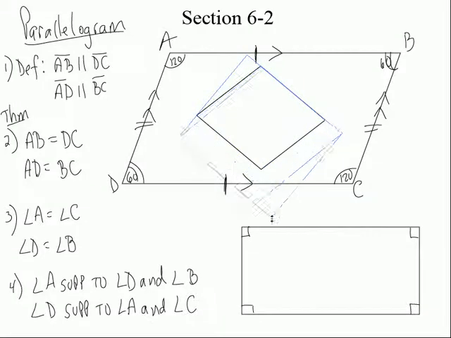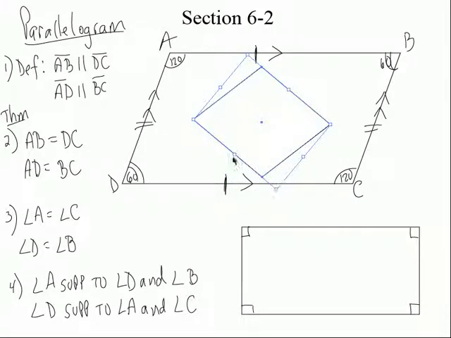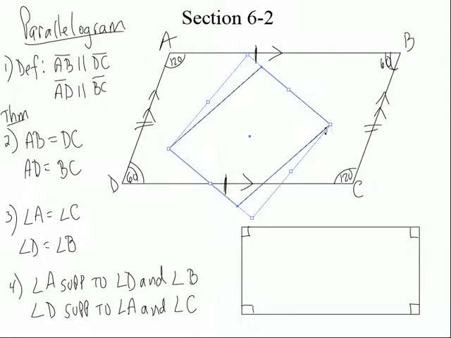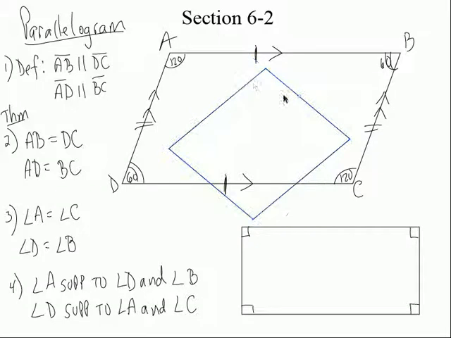But what if I did this? Let's see if that works. I think the only way that it can be a parallelogram on this diamond is if it was a square and you just rotate it, and it could be a diamond.